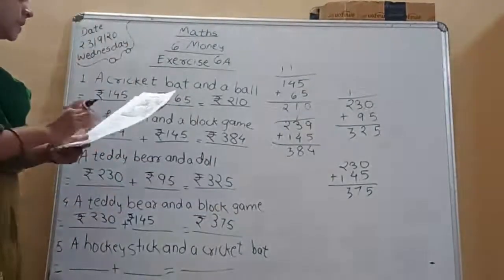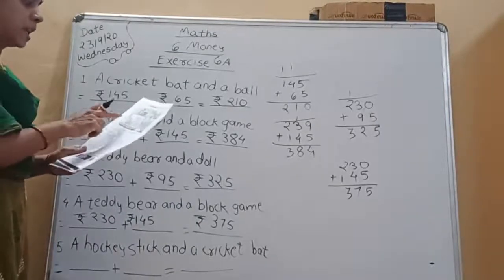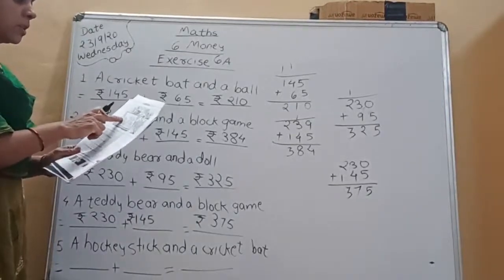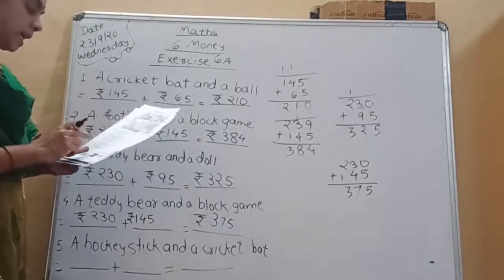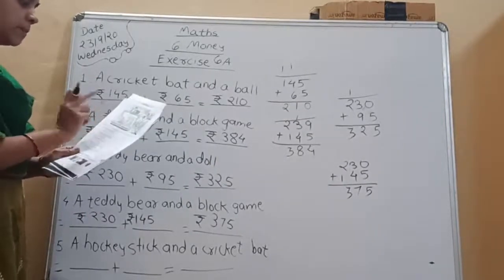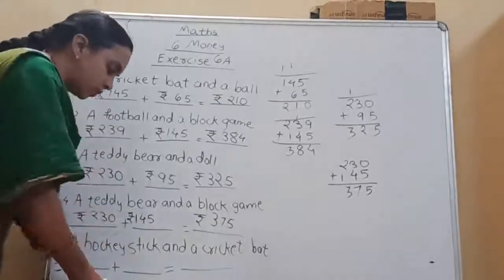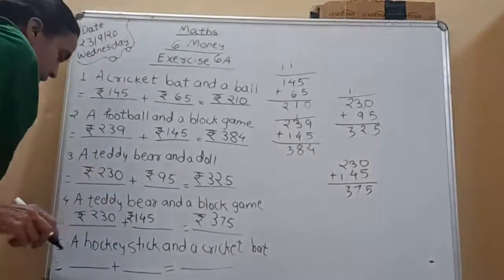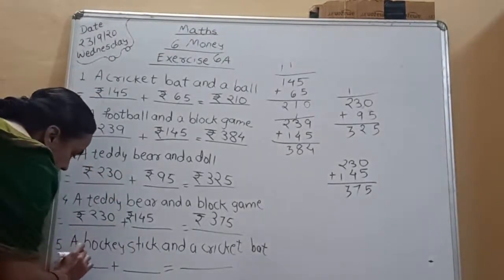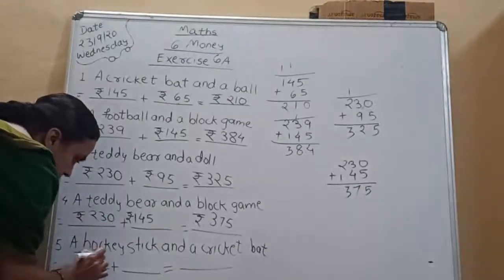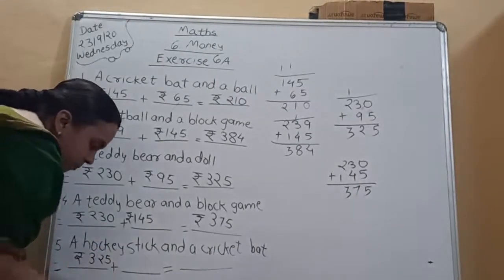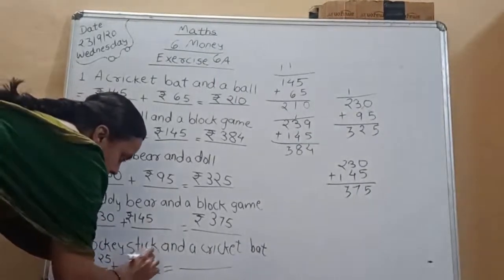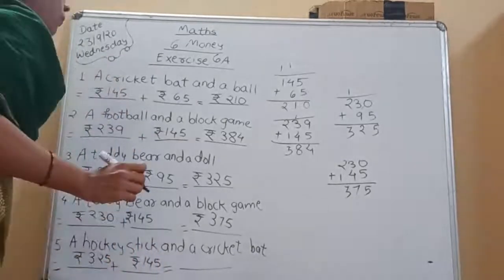Now what is the fifth question? A hockey stick and a cricket bat. What is the price of hockey stick? Rupees 325. And what is the price of cricket bat? Rupees 145. So you have to write down rupees 325 plus rupees 145.